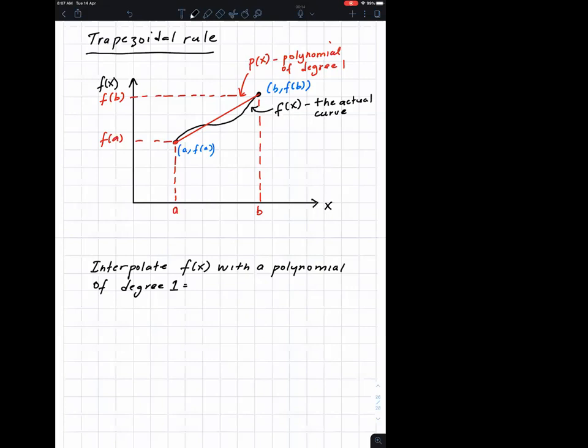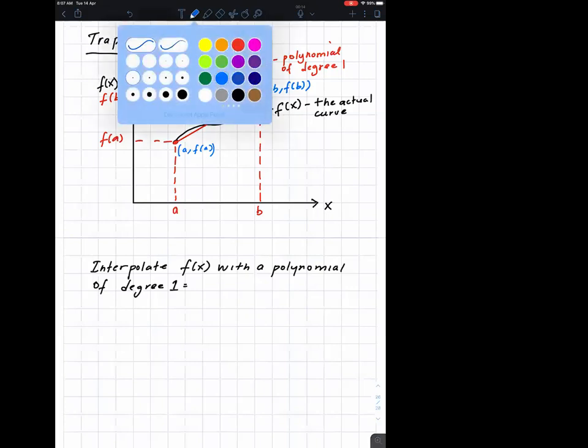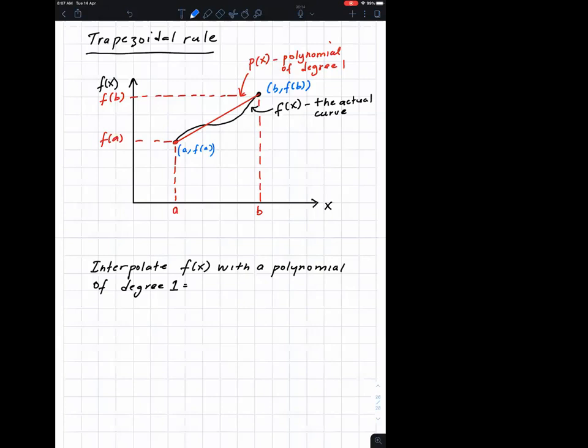For example, a polynomial of degree 2 will be like y equals x squared. So in this case, p(x) equals x squared.